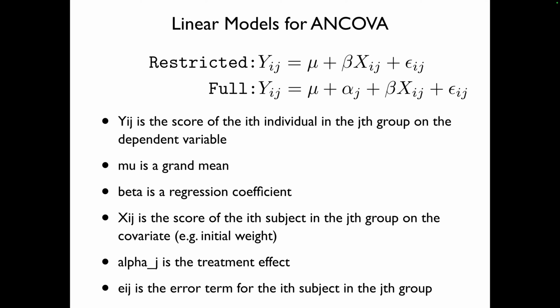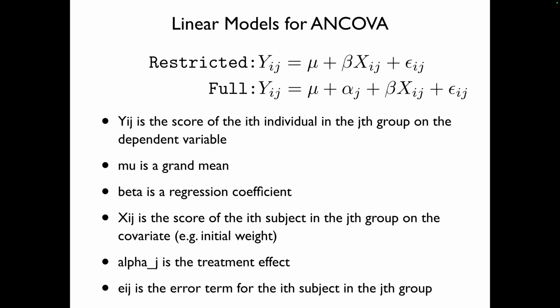And so that parameter alpha determines how hippocampus volume changes whether you're a taxi driver or not. And in the full model, which is the alternate hypothesis, the proposal is alpha j is not 0, right? When alpha j is 0, then we have the restricted model. We have the null hypothesis, which is the only thing that affects hippocampus volume is age. In the full model, we're saying it's age plus the effect of being a taxi driver or not.